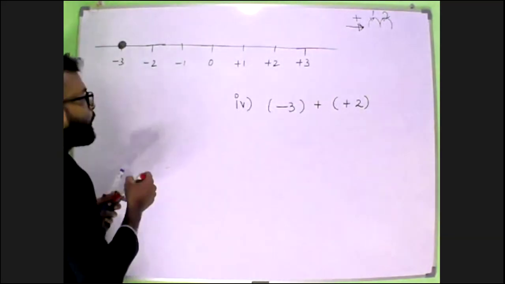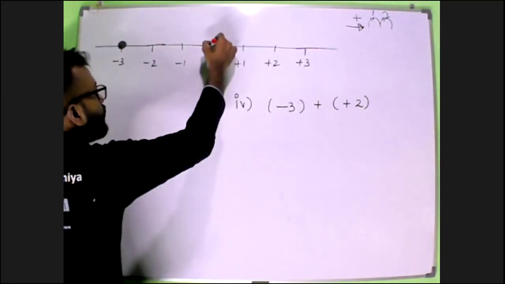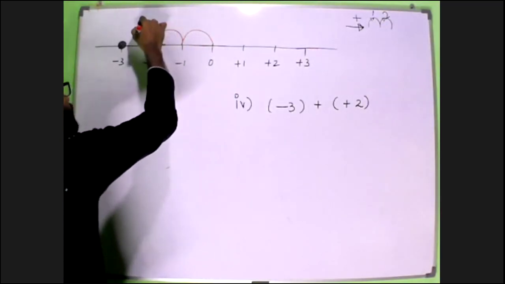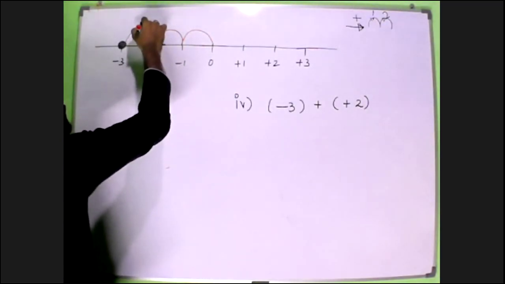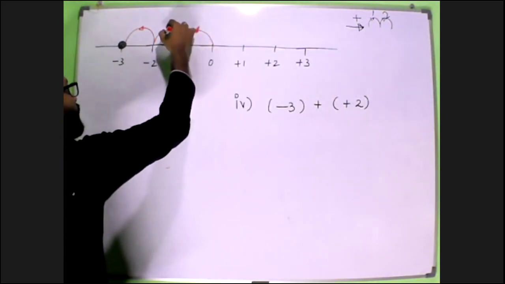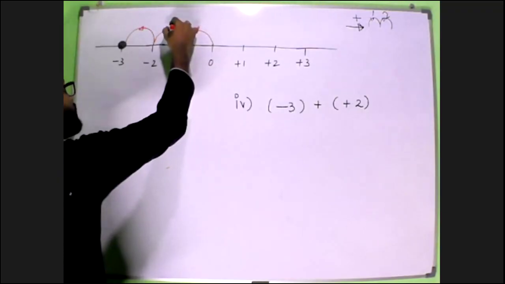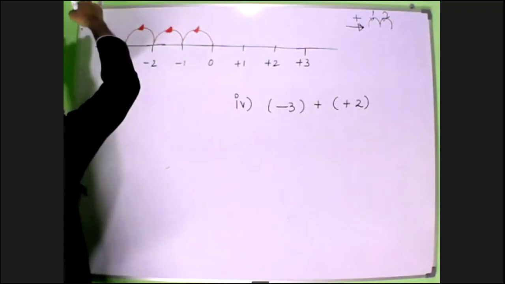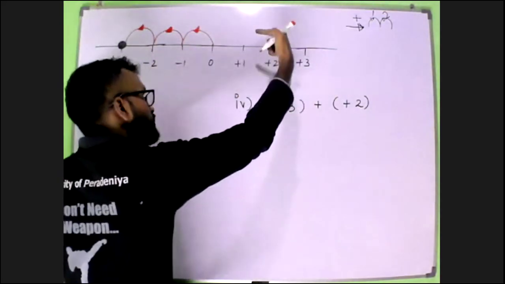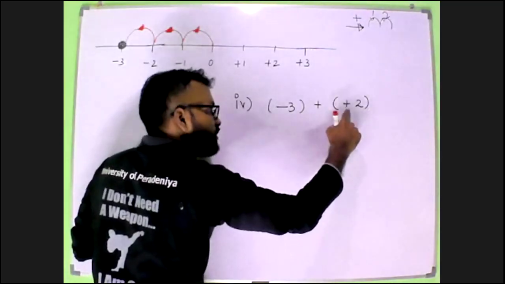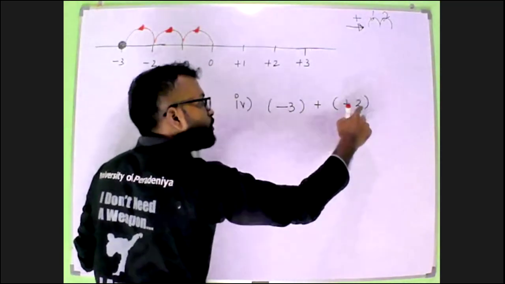Okay, let's go. 1, 2, minus 3 is here. I have jumped 3 times to find minus 3 to my left hand side because it is minus. Now, plus, you have to add positive 2.